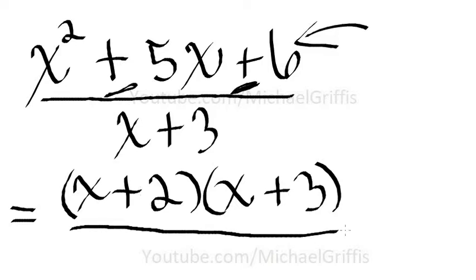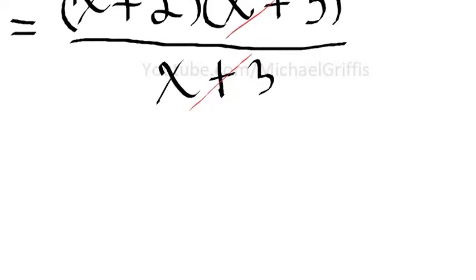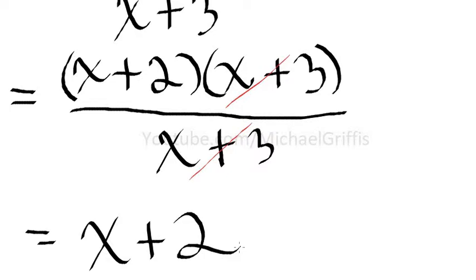Remember, this is all over x plus 3. So now we can see what's going to be canceling out. X plus 3 over x plus 3. And so this thing reduces down to x plus 2. All right, pretty simple.